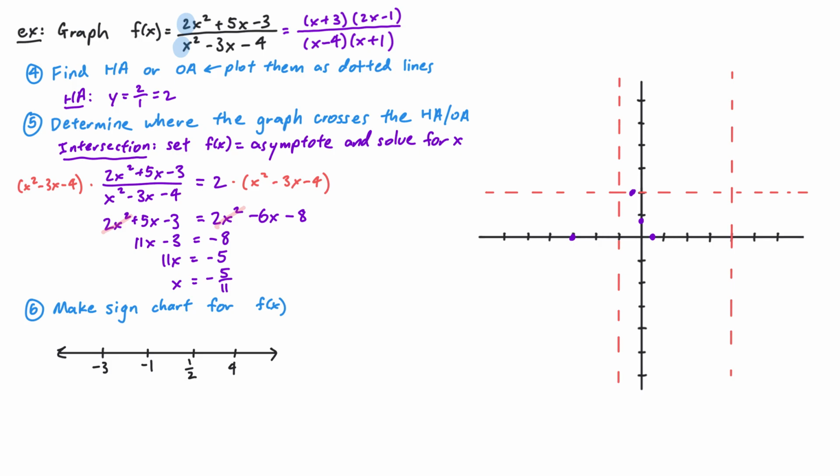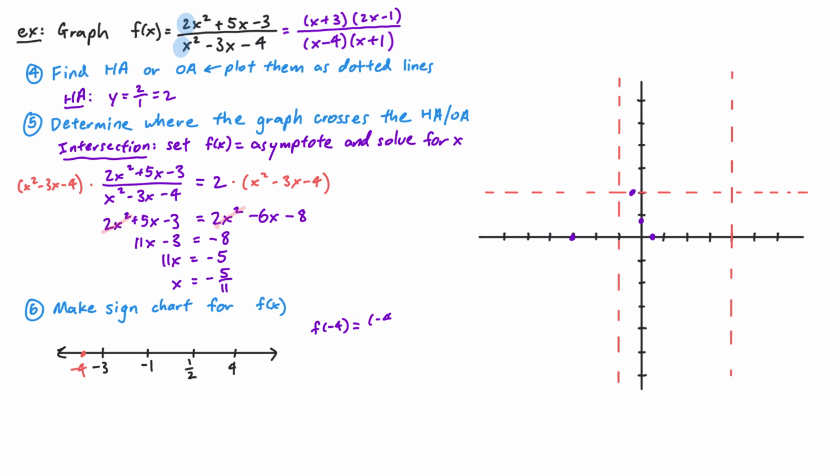To do that, we pick an x value in that interval, plug it into our function and see what sign the output is. Let's start with this first interval here. The x value is less than -3. For example, you can pick something like -4. We want to determine the sign of f of -4. One thing you can do is plug this input into the factored version of the function.